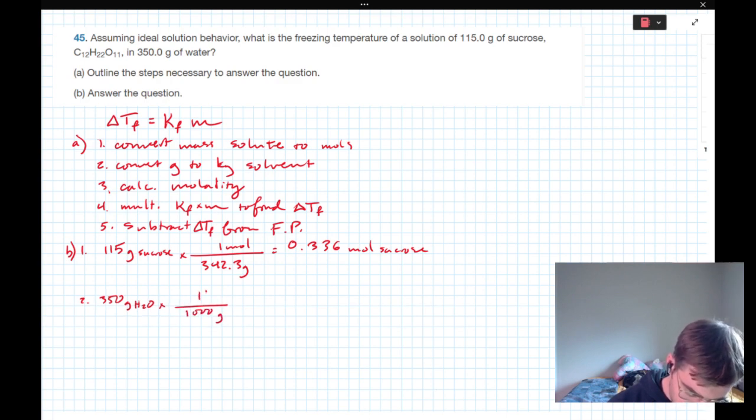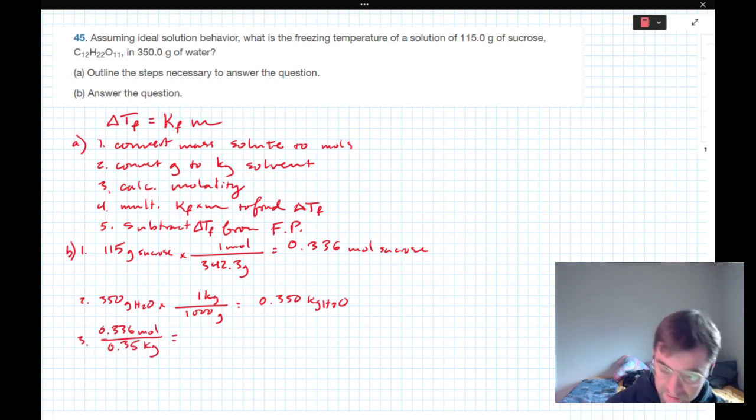Divide by 1,000 grams per kilogram. Gives us 0.35 kilograms of water. 0.336 moles of solute per 0.35 kilograms of solvent gives us our molality, which is 0.96 moles per kilogram.